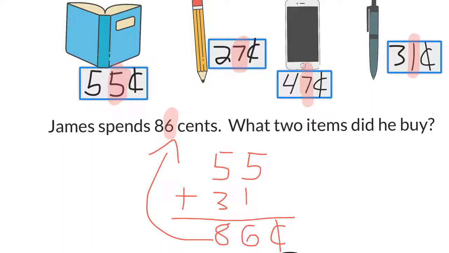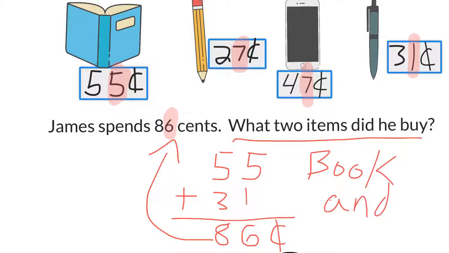So to answer the question, what 2 items did he buy, we would tell a book and a pen. So that was an example of how we're going to be using the ones place to figure out, will it work for the total that is spent.